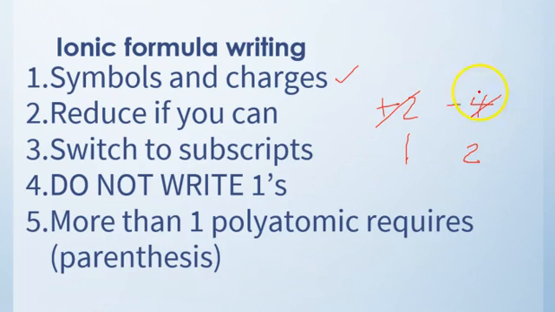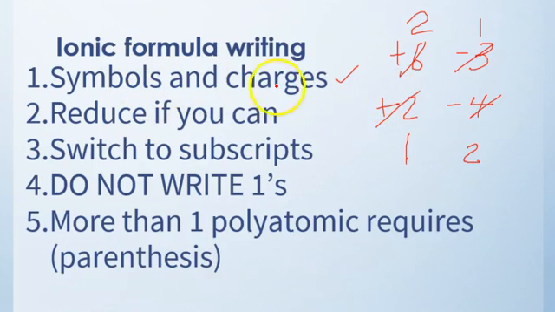So if the 2 charges can be divided by any common number, then I would reduce them. So if I had a +6 and a -3, 6 can be divided by 3 and reduces down to a 2. 3 can be divided by 3 and reduces down to a 1.